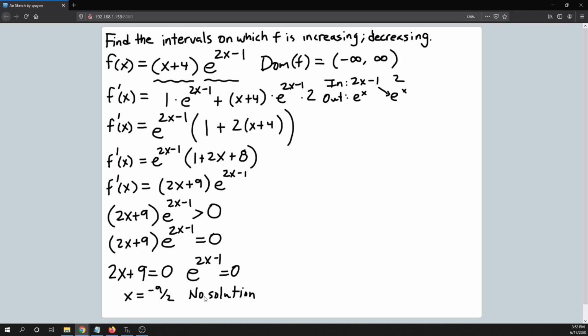All right, so negative 9 halves is a possible critical number. We need to take those possible critical numbers, all of them, and put them on a number line that represents the domain of the derivative.